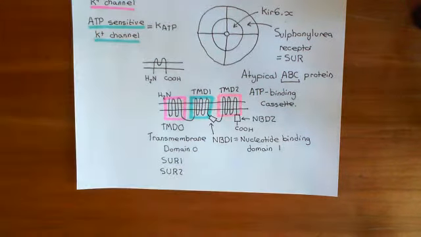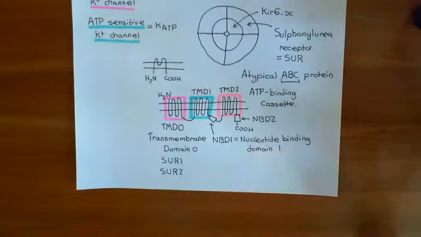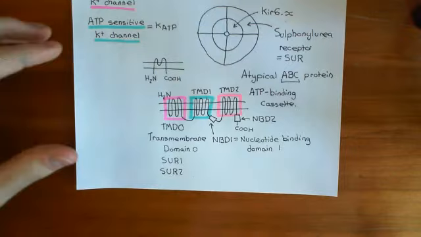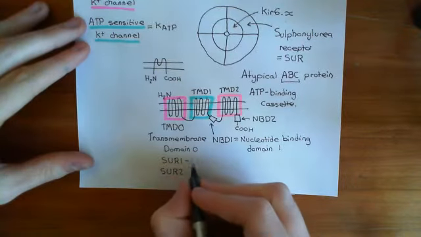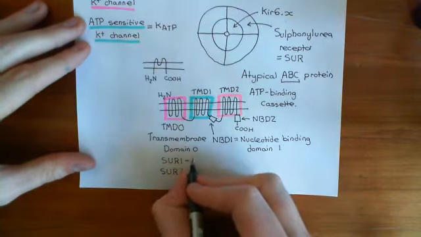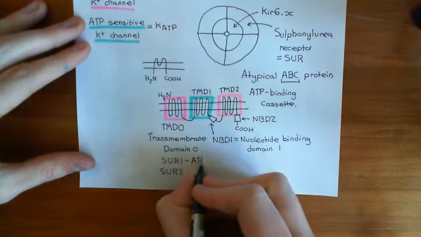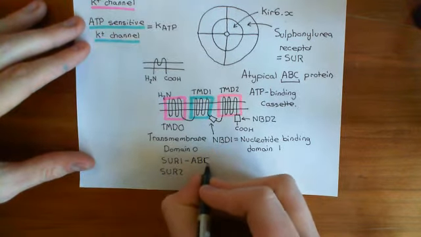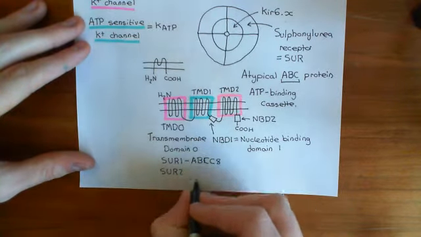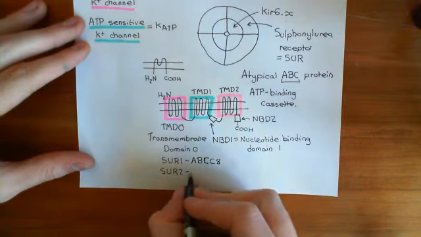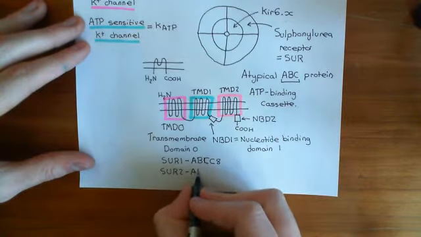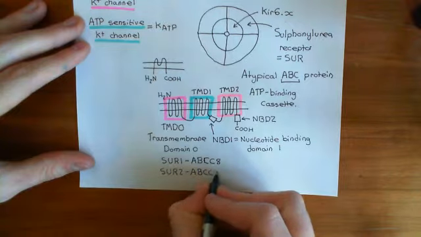So these 2 separate genes code for different sulfonylurea receptor proteins, okay? And the gene that codes for the sulfonylurea receptor 1 is known as ABCC8. And the gene which codes for the sulfonylurea receptor type 2 is known as the ABCC9.